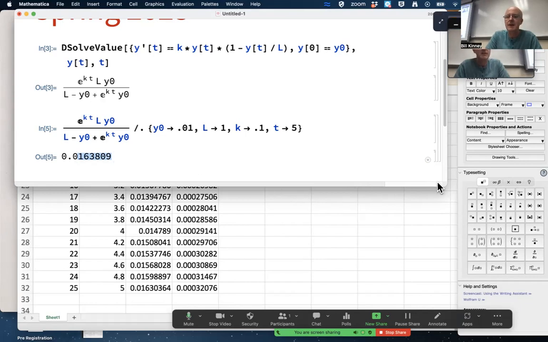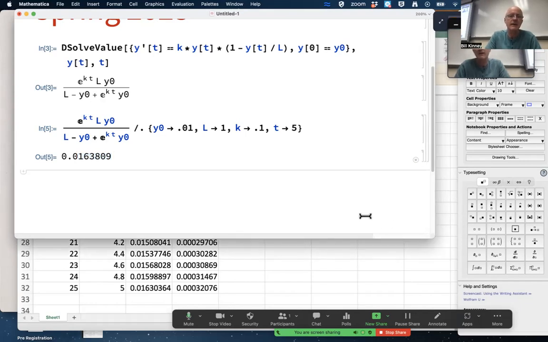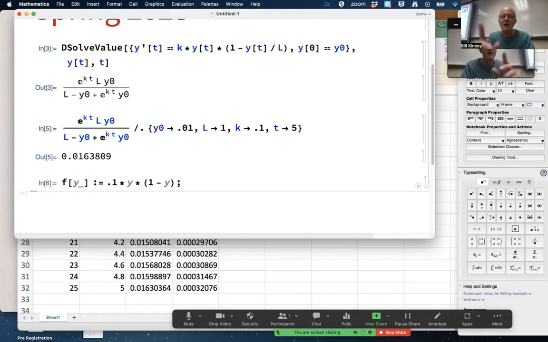Can Euler's method be implemented in Mathematica? Yes, it can be, very quickly, actually. Define your right-hand side function. I'll use a y. And, well, do something else. This one's a little funny.